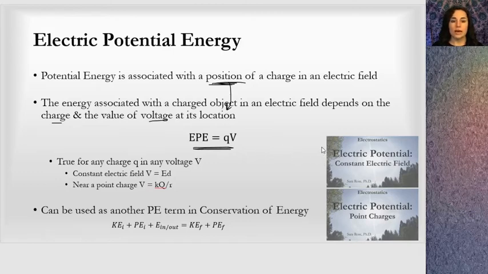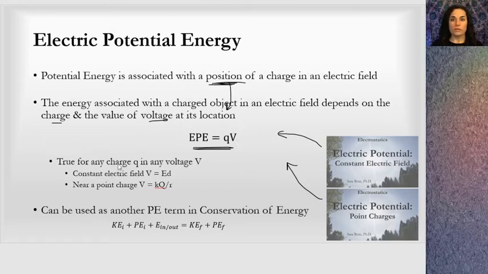And we can see that the electric potential due to a constant electric field or the electric potential due to a point charge can both go into this equation. Due to a constant electric field, it's the E d equation. Due to a point charge, it's k q over r. Whatever situation you're in, you can plug those expressions in for V in this equation, and you would have an expression for the electric potential energy for a charge in an electric field.